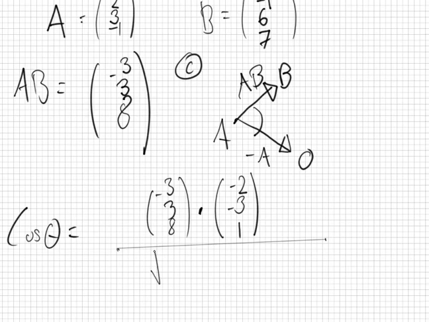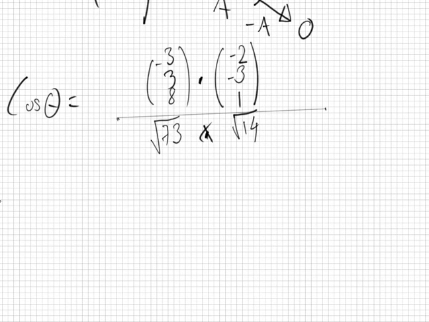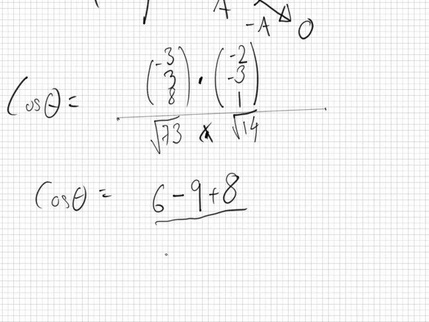This is square root 73, and then this is square root 14. Well, multiply. So you get cos theta equals 6 minus 9 plus 8 over square root 73 times 14.